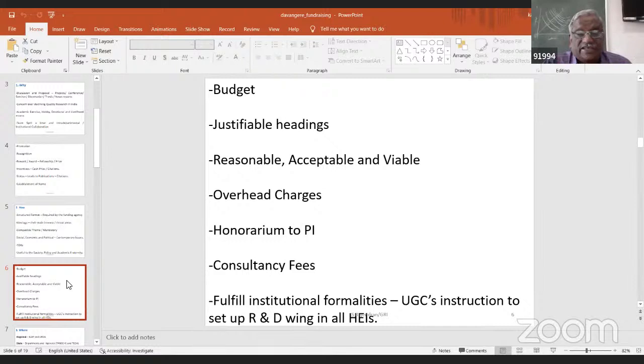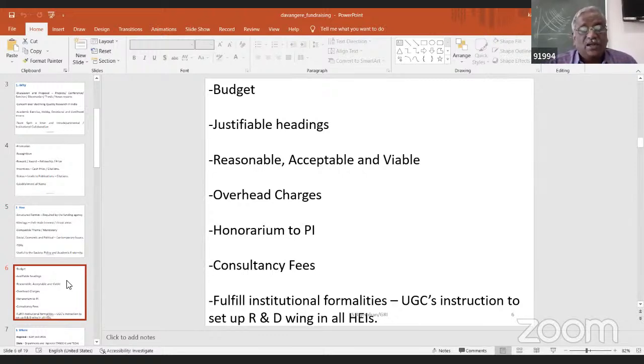Now, friends, last week the UGC has instructed all higher educational institutions, including research institutes, universities, and also the colleges, to initiate a research and development wing separately to deal with the processing and also onward transmission of research proposals submitted by different faculty members from various departments and centers.